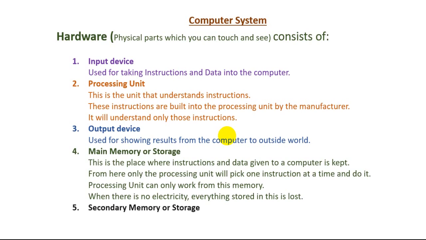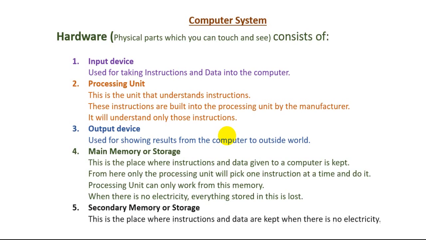Okay, so the last one is the secondary memory or storage. This obviously you have an idea of, like the hard disk, even pen drives or anything like that, which is considered secondary storage. This is the place where instructions and data are kept when there is no electricity. As you know, the main memory cannot keep information when there is no power.